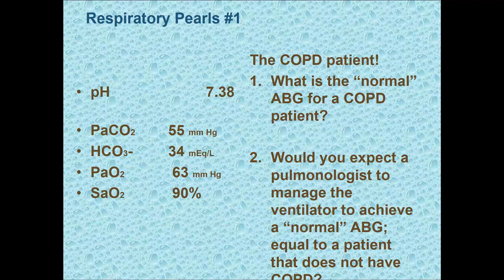Because COPD itself causes a retention of CO2, carbon dioxide, you would expect that on a good day for a COPD patient, they would have an elevated CO2, and because of compensation, the kidneys would make more or hold on to bicarb.